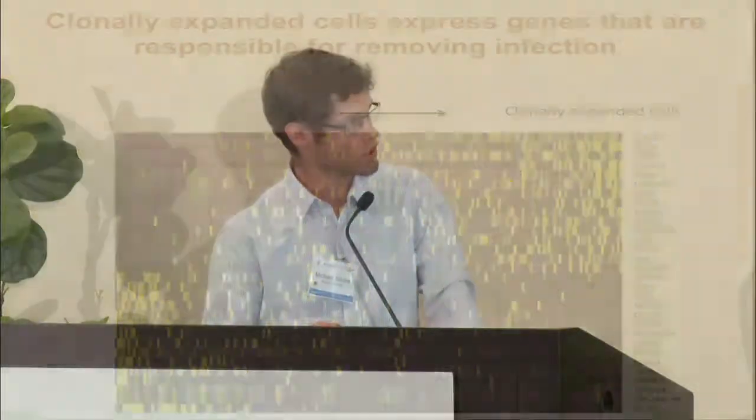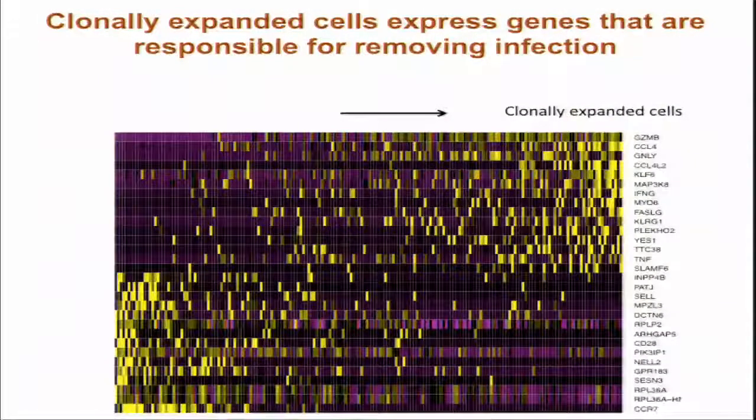I've been talking a lot about these clonally expanded cells. This plot doesn't represent that. This is just a bunch of different T cells. The next plot I'll show you is a heat map showing the expression of different genes in a bunch of different cells.